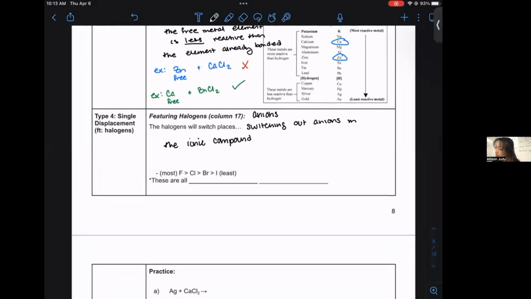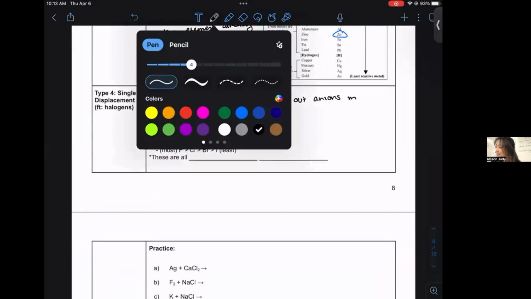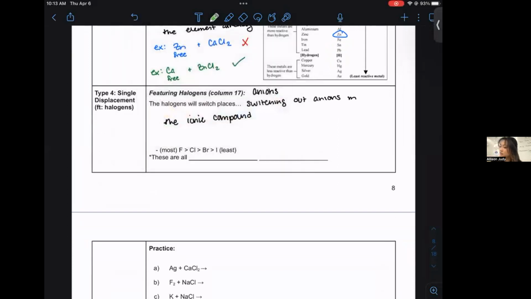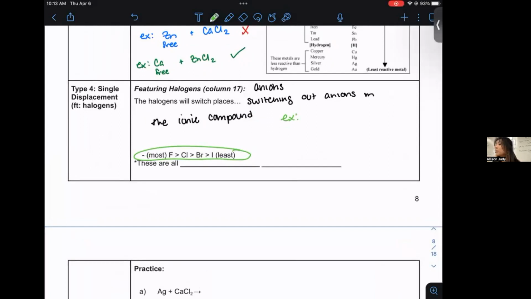So something to keep in mind when you're trying to identify this, okay, is the reactivity matches Coulombic attraction trends for halogens. Fluorine has the most Coulombic attraction. It's going to be the most reactive.